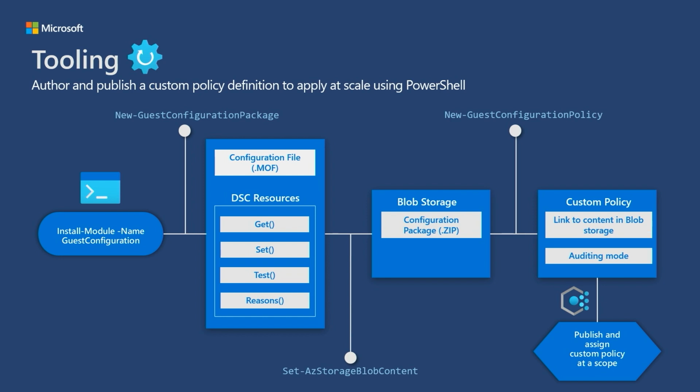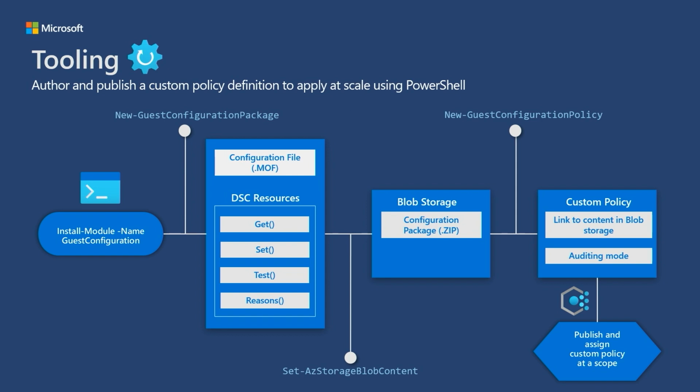After it has, then what you're able to do is leverage the new guest configuration package commandlet to package your configuration document, so that MOF file, as well as a corresponding set of DSC resources, representing the get, set, test, and reasons properties. After this, you can leverage some of the Az storage commandlets to upload that configuration package, which will be represented in a zip file, to blob storage, or it can be any storage location that's publicly accessible via HTTPS.